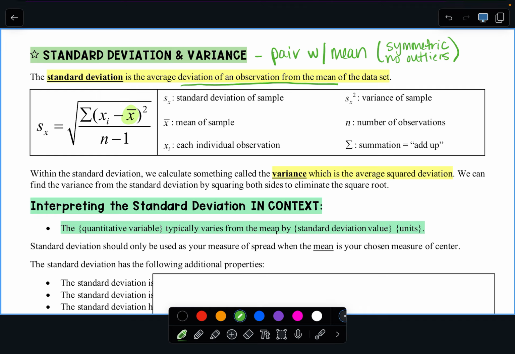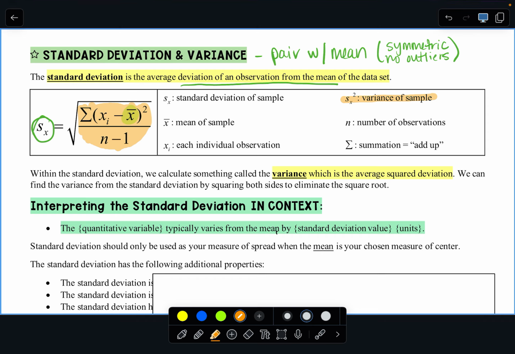Now, one little piece of information I'm going to pull from this, just again, remember SX stands for standard deviation. The other part that I like to mention here, the inside of this square root, this is something that we refer to as the variance of a sample. And what that represents is the average squared deviation. Basically, if I take distances, some of them can be positive, some of them can be negative.